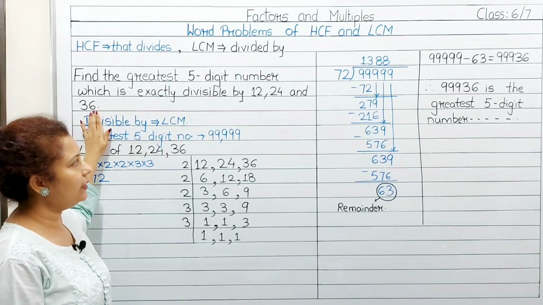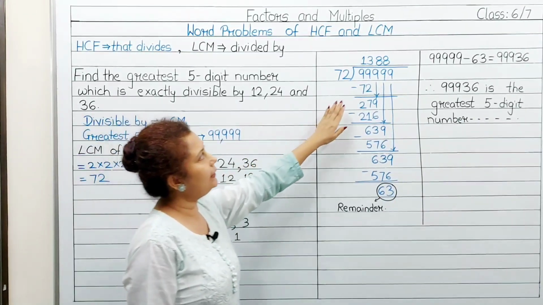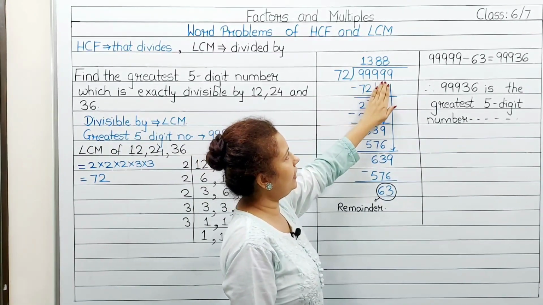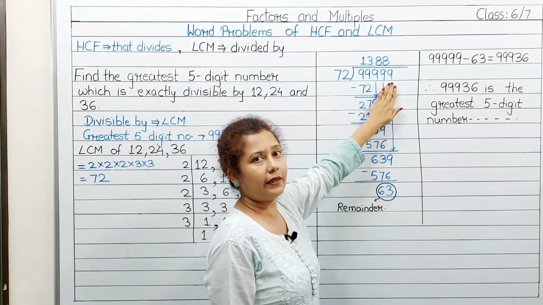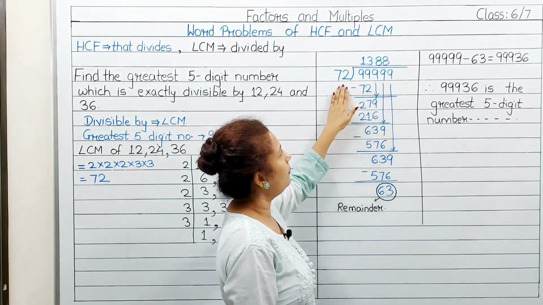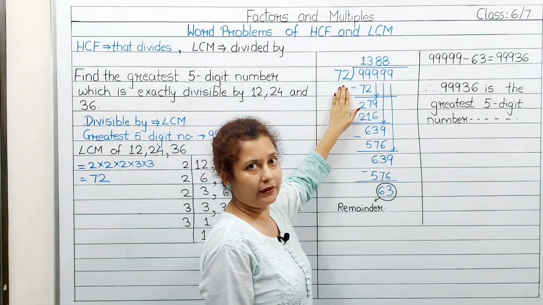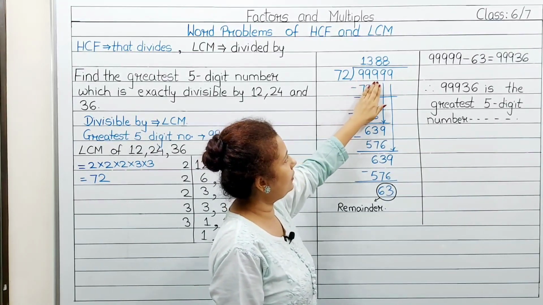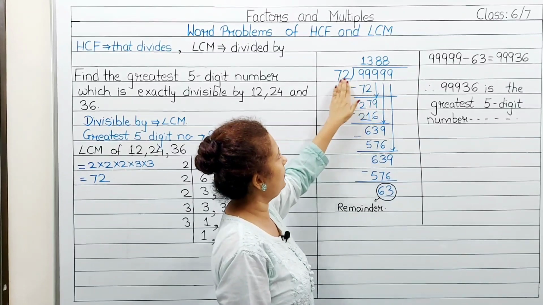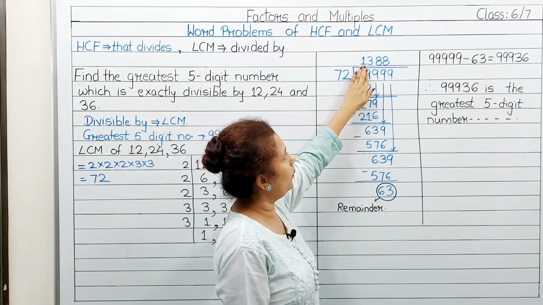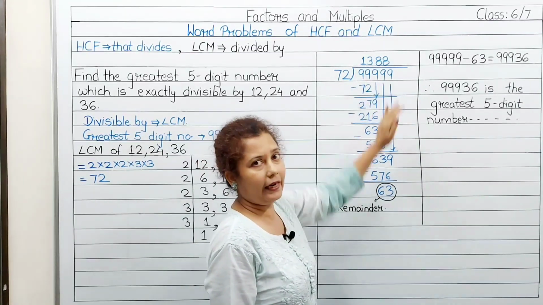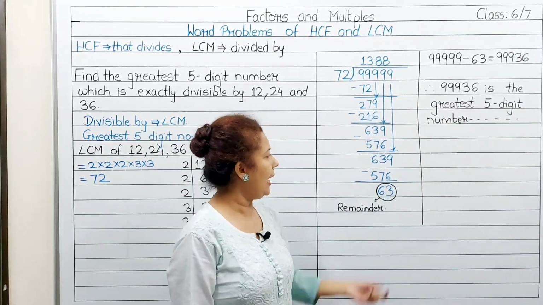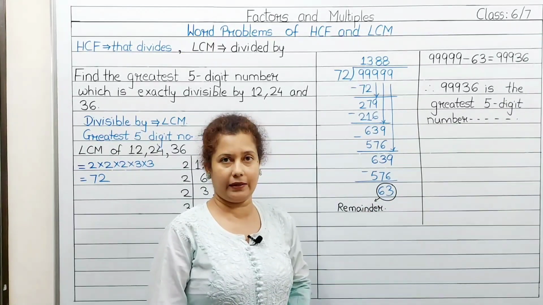To find this, we will first divide 99,999, which is the greatest 5-digit number, by the LCM which we got, that is 72. When we divide 99,999 by 72, we get 1,388 as the quotient and 63 as the remainder.